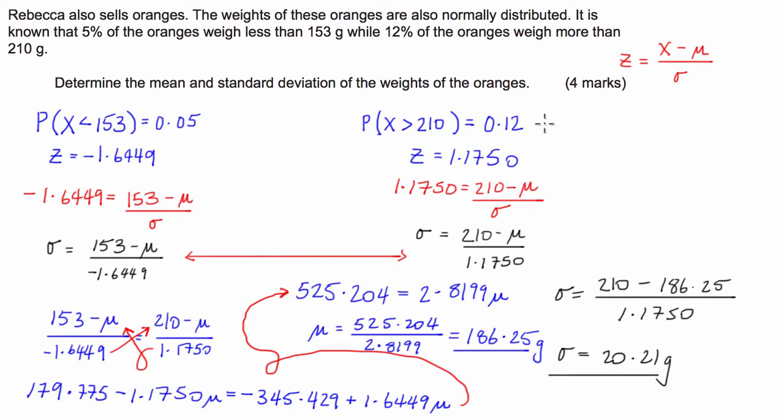Each of these percentages, probabilities, on a normal distribution has an associated z-score. So what we did is we found each of their associated z-scores. 5% when we're evaluating it from the left has an associated z-score of negative 1.6449, and a 12% probability when we're evaluating it from the right has a z-score of 1.1750.